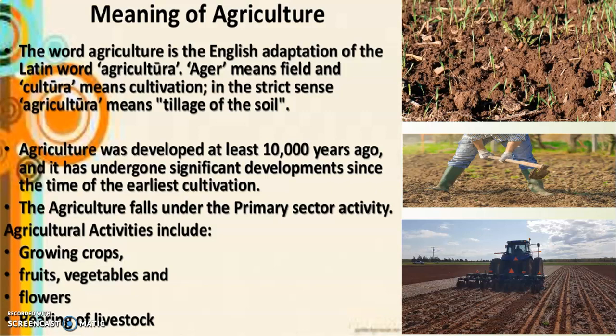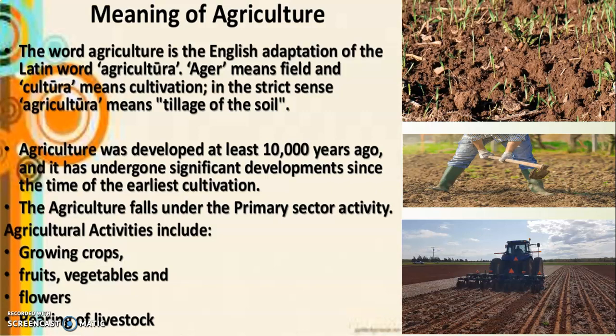So they understood that this can help him in producing some good food. That came to be known as agriculture. So it is a very, very old tradition where the farming or agricultural process started taking place.